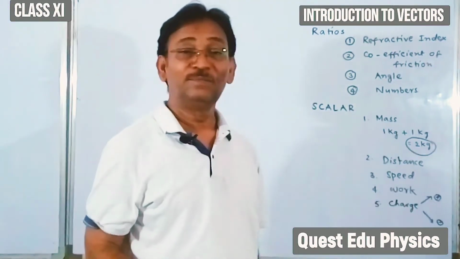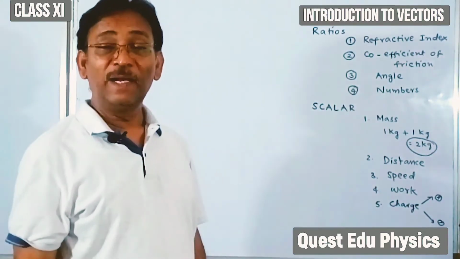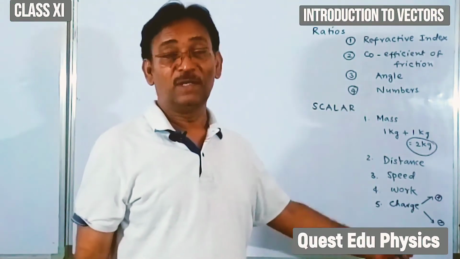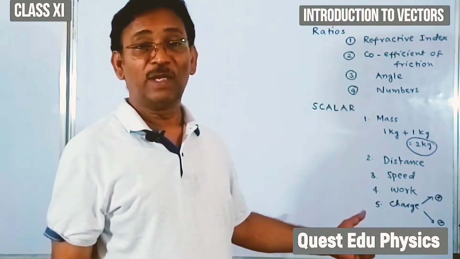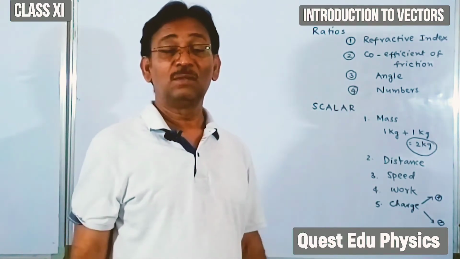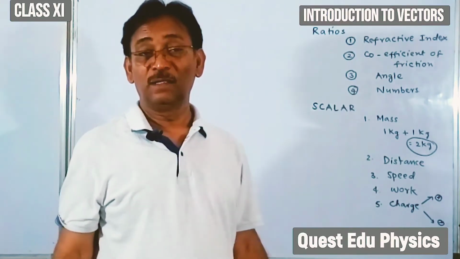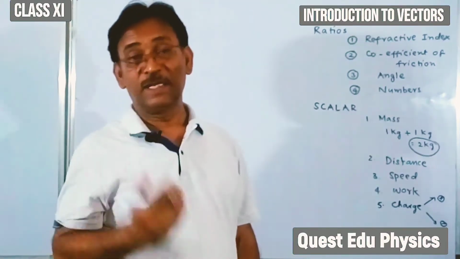Charge is a scalar, and electric current is also a scalar, even though it has a direction. And pressure is also a scalar. Pressure is force acting on unit area normally. The direction is normal, even though it is a scalar.